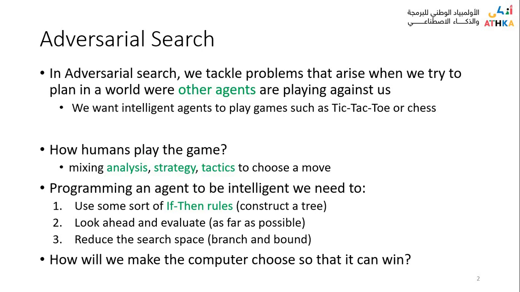So this is basically adversarial search, when we have some other entity, an agent or a party that is playing against us and trying to stop us from reaching the goal that we'd like to reach.